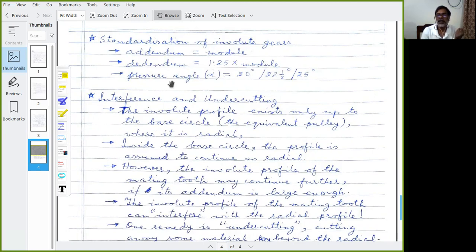Now, these are standards set so that for different purposes, you have gears which do not have a continuous distribution of these properties, but certain preferred values, so that you do not have difficulty in finding matching gears. Now there is one more thing called interference. That's an issue.